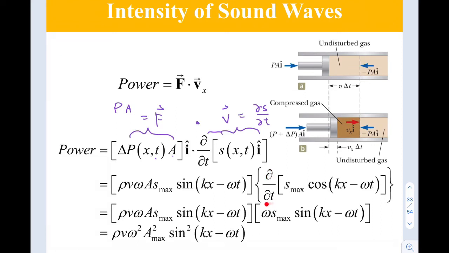You're going to differentiate it with respect to time to have v, and when you differentiate a cos function, you will get a sin function, right? So omega s max sin kx minus omega t. Then you may now process the whole part, because this is sin, so you're going to have sin squared, isn't it?